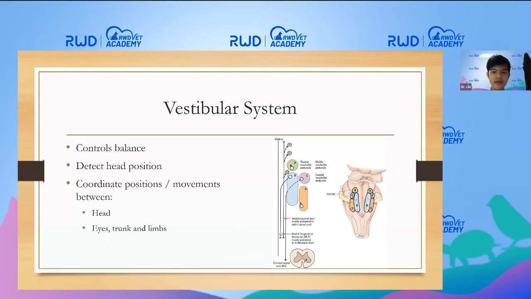The information on the position of the head is converted into electrical signals which are sent to the brain. The balance control center in the brain processes this information and sends messages to the rest of the body to keep the animal upright. Messengers are also sent to the muscles controlling the movement of the eyes to change the position of the eyes according to the position of the head.